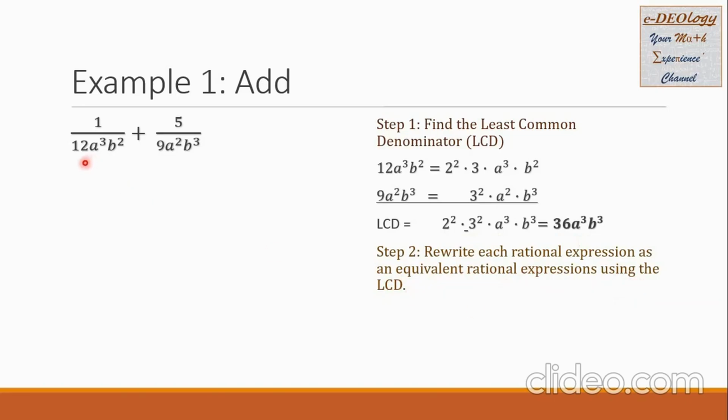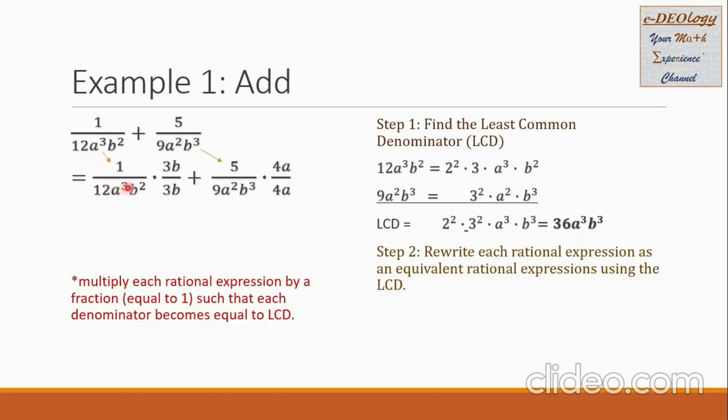For the first denominator, I am going to multiply by a value so that it will be equal to the LCD. The 12 here, I should multiply by 3 so that later I will get the number 36. For a cubed, it is also a cubed in the LCD, so there is no issue for the a.